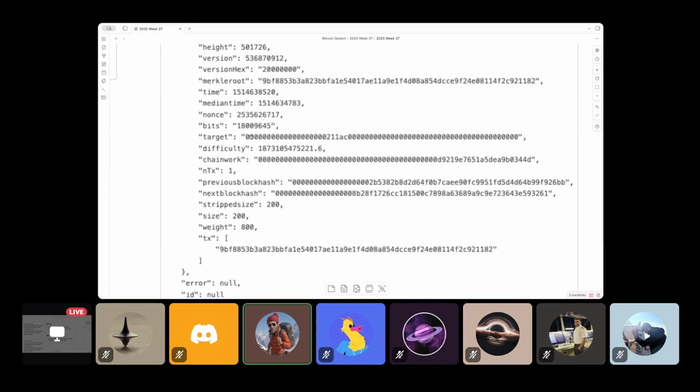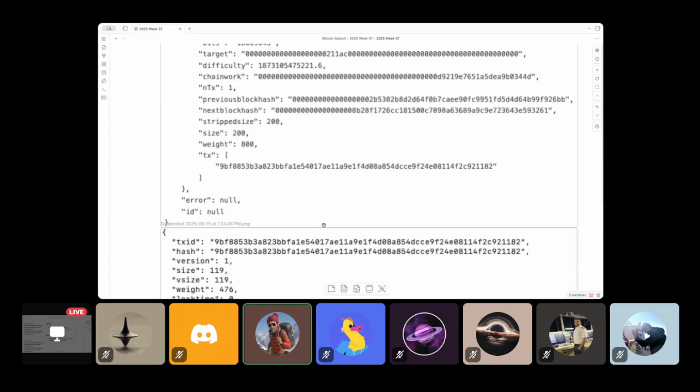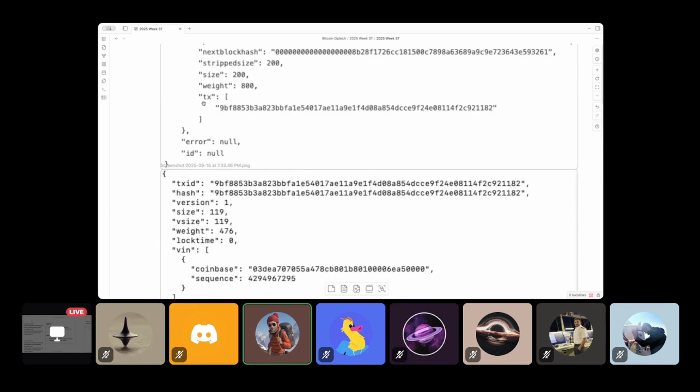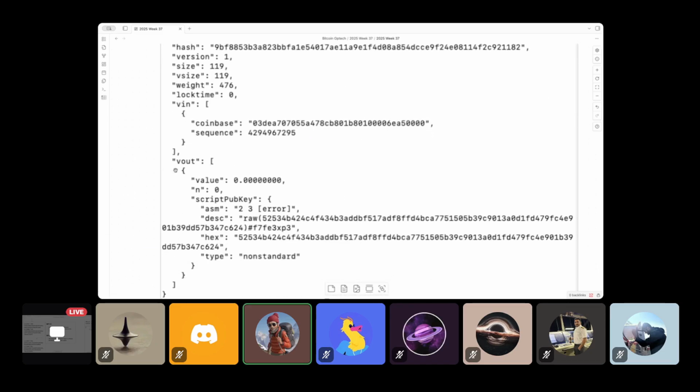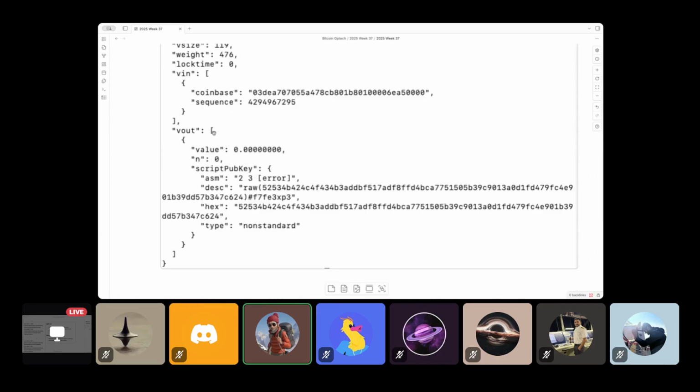Here, this is the block's info. The only transaction in the block is the Coinbase transaction. If you look into this Coinbase transaction, you can see that there is only one output, and the value in that output is 0. Also the script sig is some garbage.